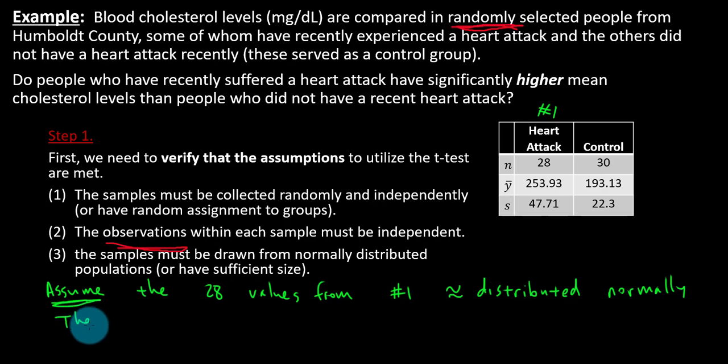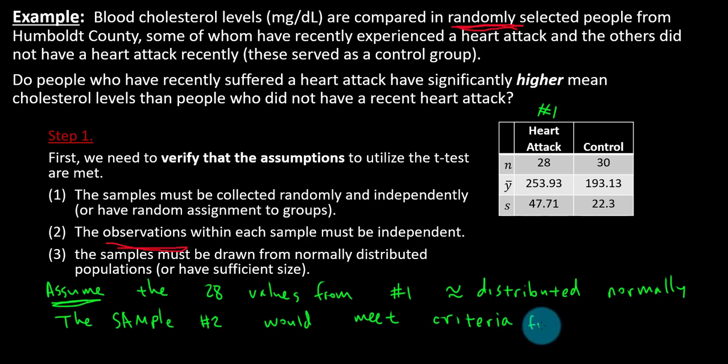However, the control group, the sample number 2, regardless of its shape, would meet the criteria for the central limit theorem.